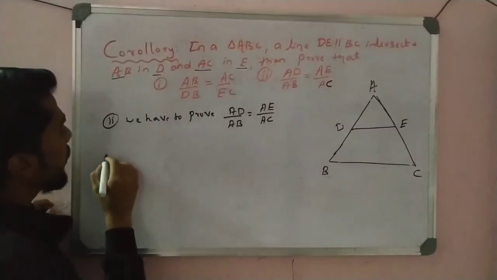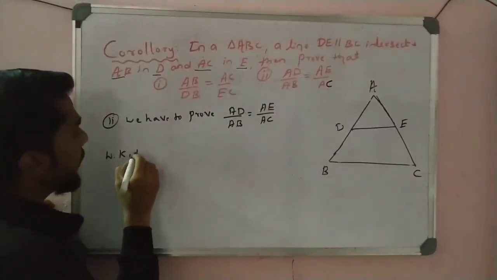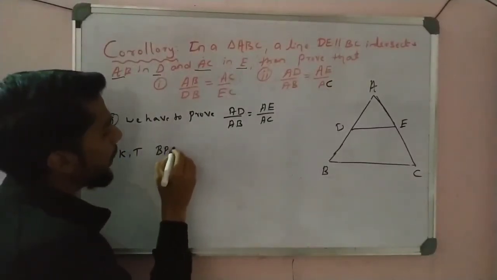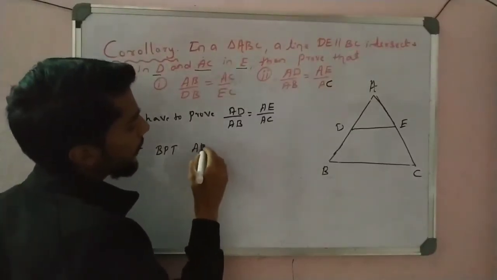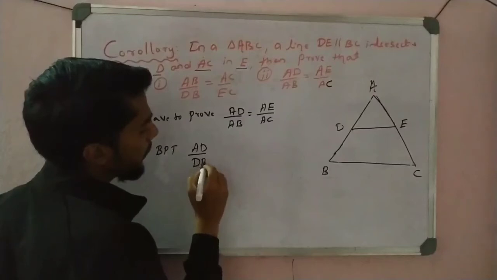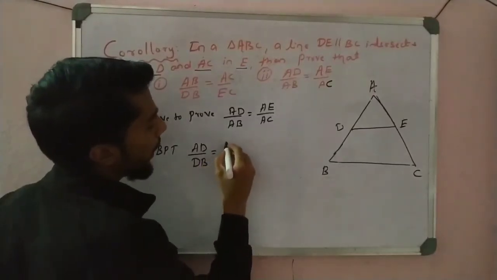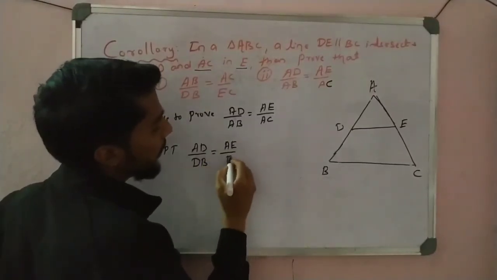In that case, what do we have to do? We know the BPT, the basic proportionality theorem. What is that? AD divided by DB is equal to AE divided by EC.